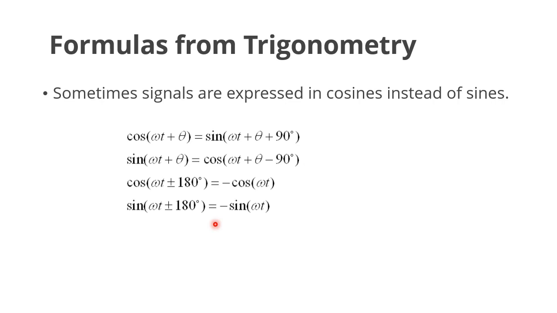With the help of this basic trigonometric knowledge, we can convert one form of the value to another form. Likewise, if the signals in a question are expressed in cosine value, we can convert that cosine value into sine value.